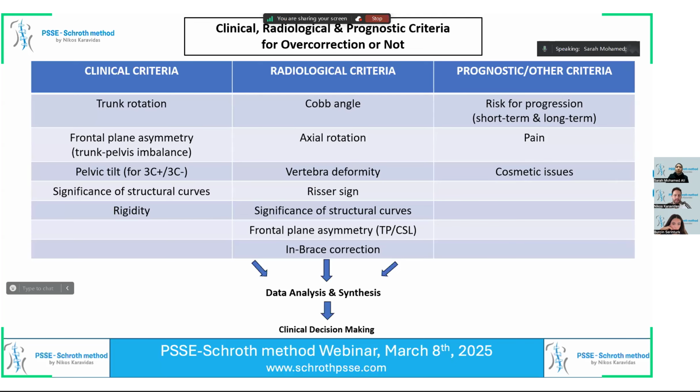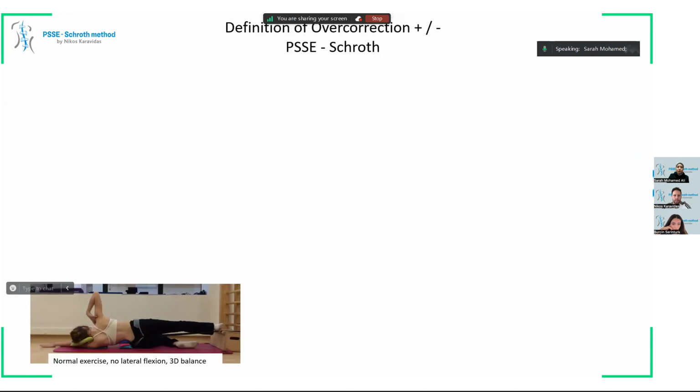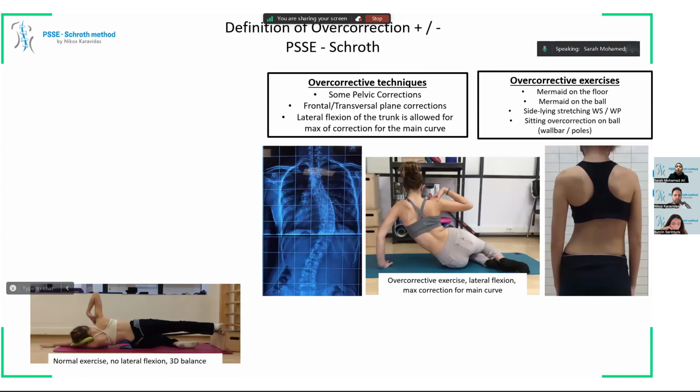So what is overcorrection? What is the definition of overcorrection? In our school, we have normal exercises and we have overcorrective exercises. The normal exercises that we do is like we have the patient having scoliosis and we put this patient in a perfect 3D alignment.